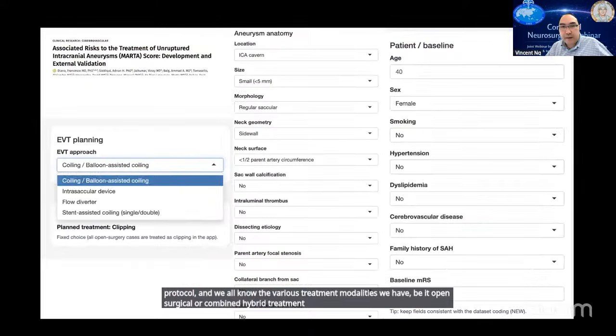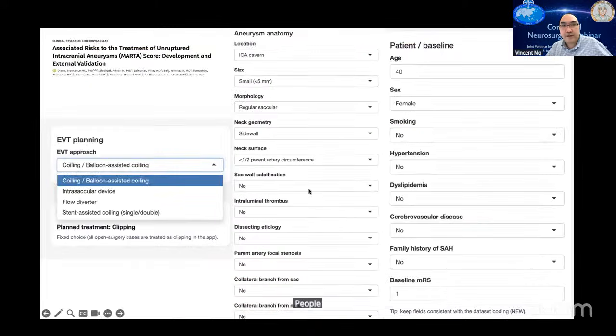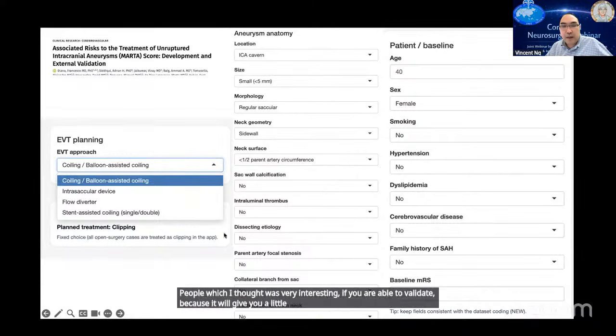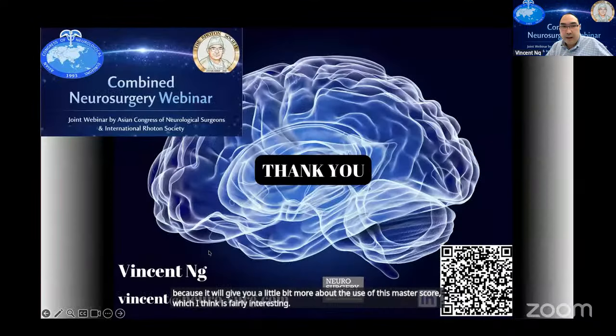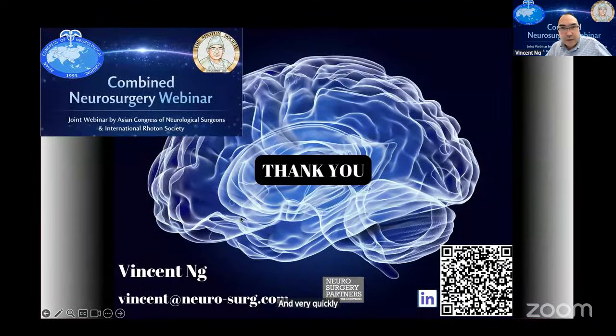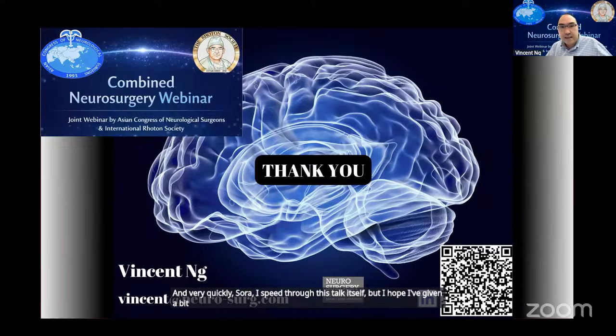But I just want to go back to this paper, which I thought was very interesting, if you are able to validate it, because it will give you a little bit more about the use of this score, which I think is fairly interesting. Very quickly, sorry, I sped through this talk, but I hope I've given a broad overview of the latest literature on unruptured aneurysm. Thank you so much.